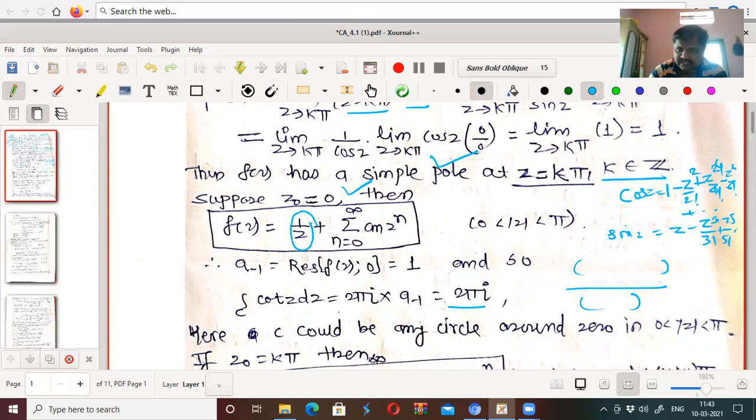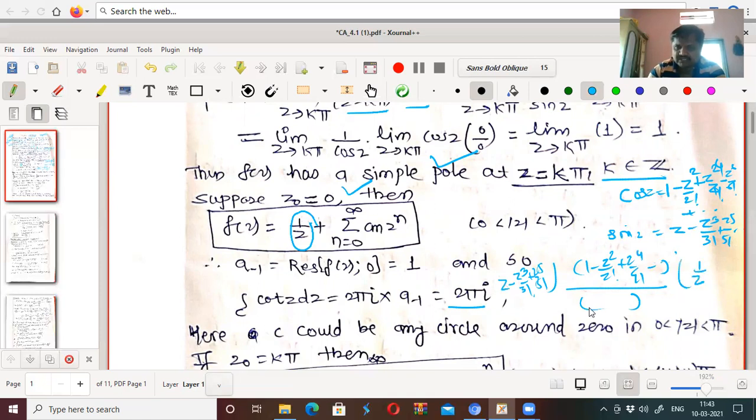What will we obtain here? If I divide 1 minus z square by 2 factorial plus z raised to 4 by 4 factorial and so on by z minus z cube by 3 factorial plus z raised to 5 by 5 factorial, what will you get? First of all, we multiply by 1 by z.